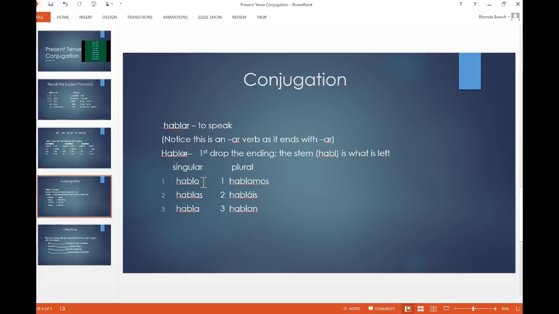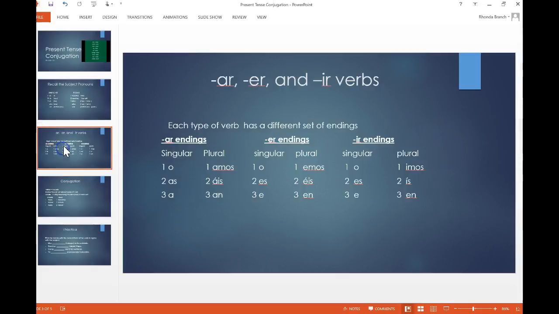English interpretation: I speak, you speak, he or she speaks, we speak, you all speak, they speak. And this is how you conjugate. Depending upon what type of verb you have, you're just simply going to use the endings for that type of verb. For instance, if you had an ER verb, you would simply drop the ER and attach the ER endings.